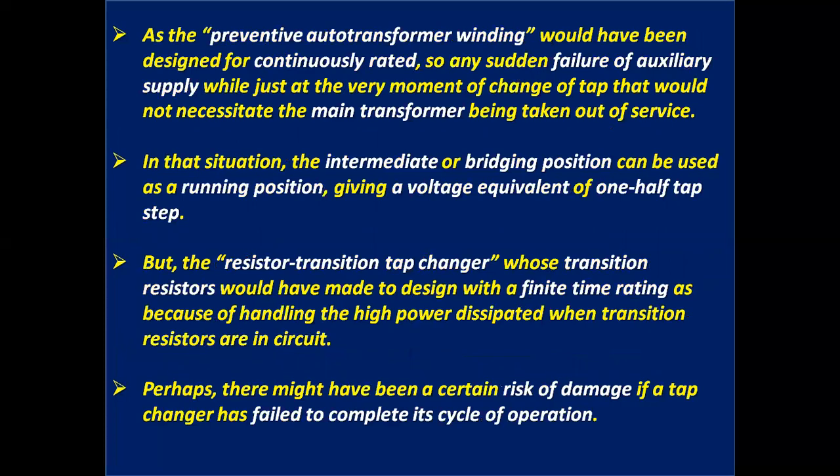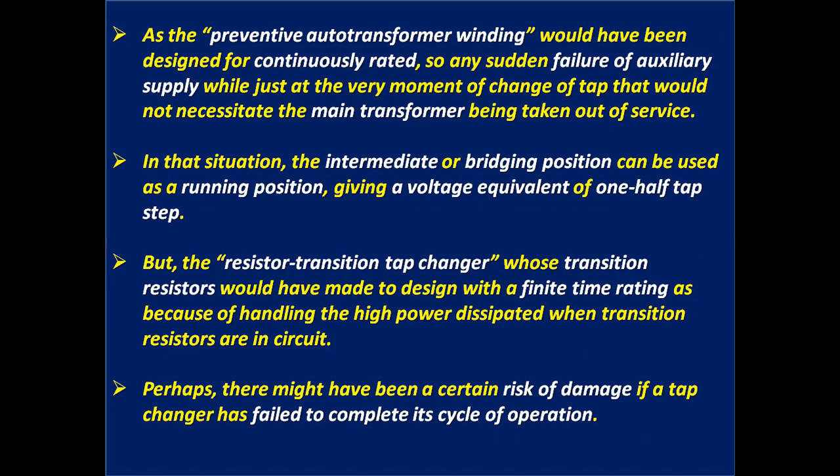As the preventive auto-transformer winding is designed for continuous rating, any sudden failure of auxiliary supply, just at the very moment of change of tap, would not necessitate the main transformer being taken out of service. In that situation, the intermediate or bridging position can be used as a running position, giving a voltage equivalent of 1/2 tap step.